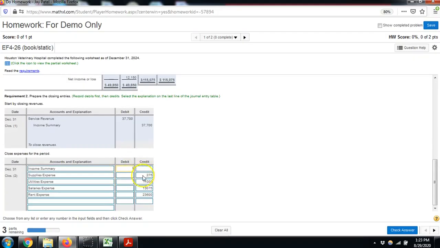And so now we'll add up all of these credits and we will move all of them as a debit to income summary. So the total expenses are 49,000.